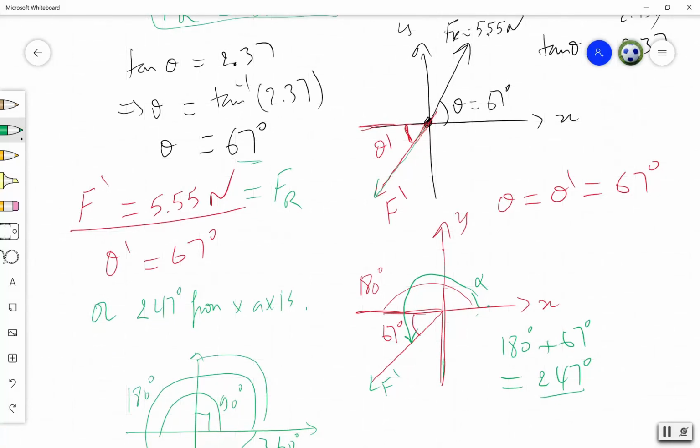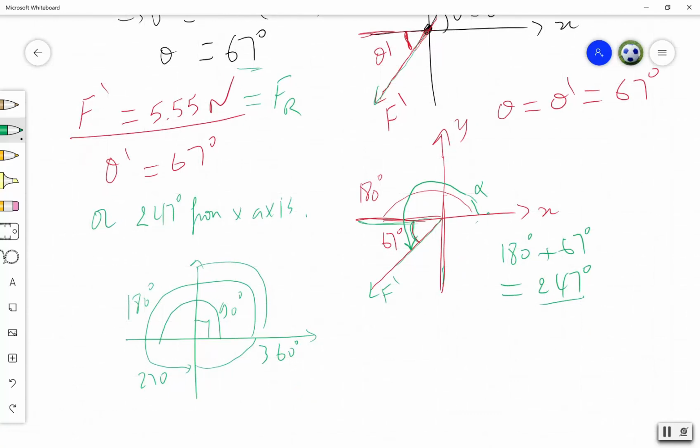You can say, okay, it's about this from the opposite direction of the x-axis here in the negative direction, in the third quarter. It has to be in the third quarter, of course. Or you can say, okay, I'm going to report with the big angle starting from 0 degrees and going back to the third quarter.